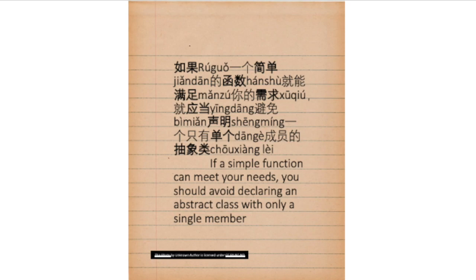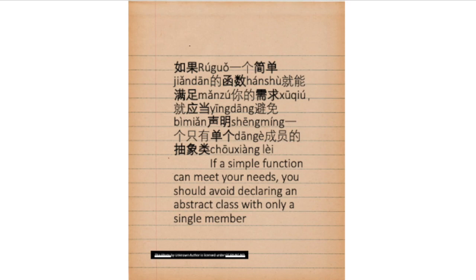So let's read it. 如果一个简单的函数就能满足你的需求，就应当避免声明一个只有单个程序的抽象类。You remember all these words.